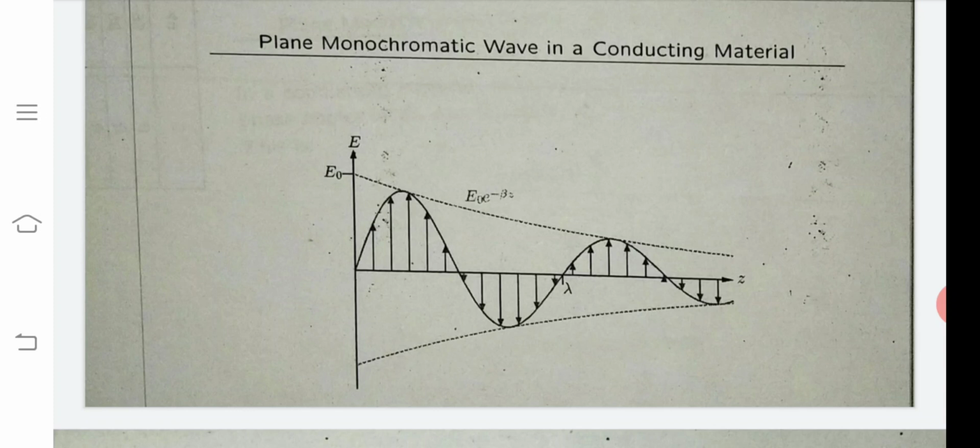The electric field in a conducting medium shows the waveform of the electric field in the z direction. When waves move in the z direction, the electric field decays as E naught e raised to the power minus beta z, and the amplitude of the waves in terms of the electric field is reduced.